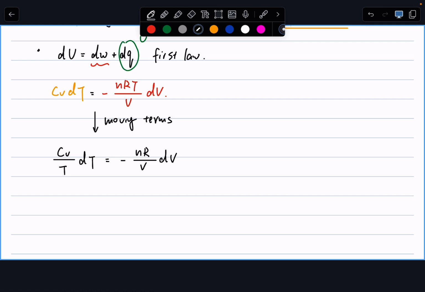Then taking the integration on both sides, we get Cv over T dT between T1 and T2 equals negative nR over V dV from V1 to V2. And that's how straightforward the integral calculus I expect you to know, just like the integration of 1 over x dx.